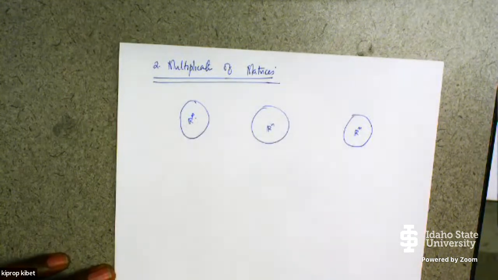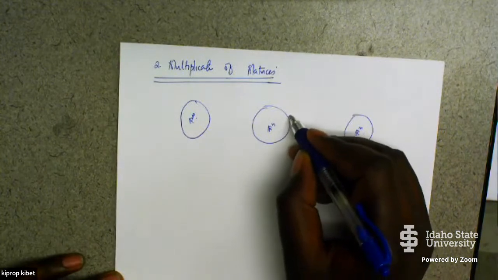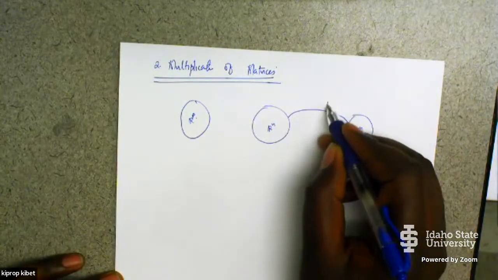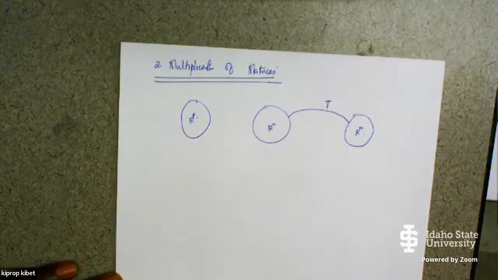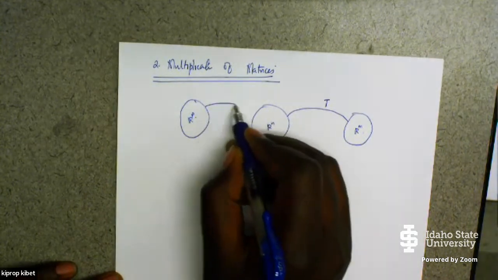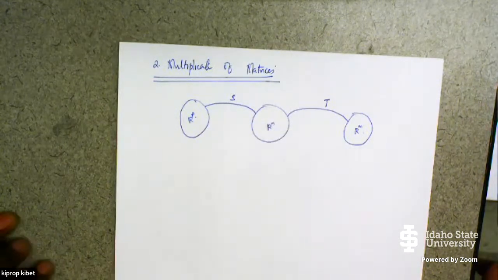So we said this is a transformation. We can take this one as T, right? That is what we have been using frequently. We can take this one as S here.